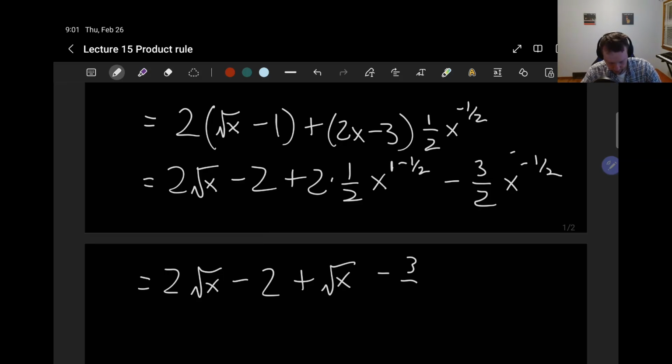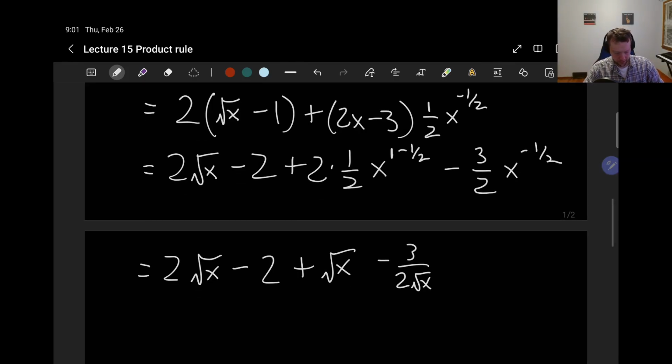Yeah, let's deal with this part too. So I have a negative exponent, which means I can move it down as an x to the 1/2, or as a square root down below. And again, I've got some like terms here.